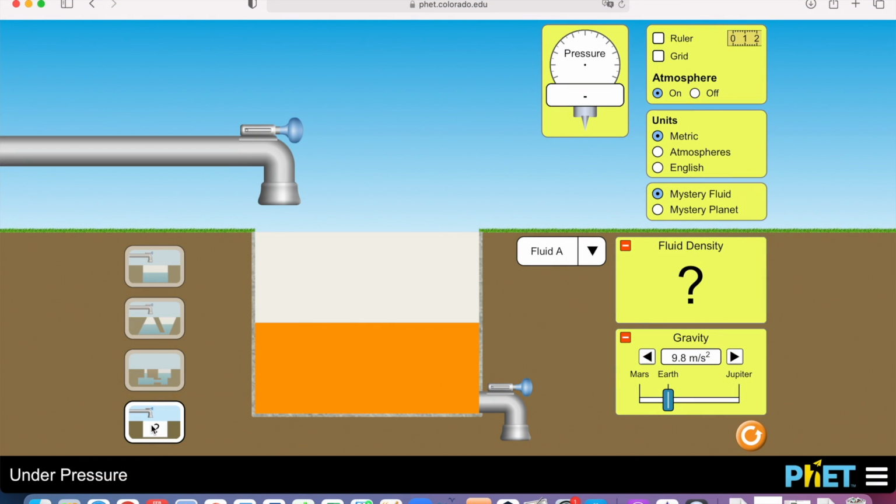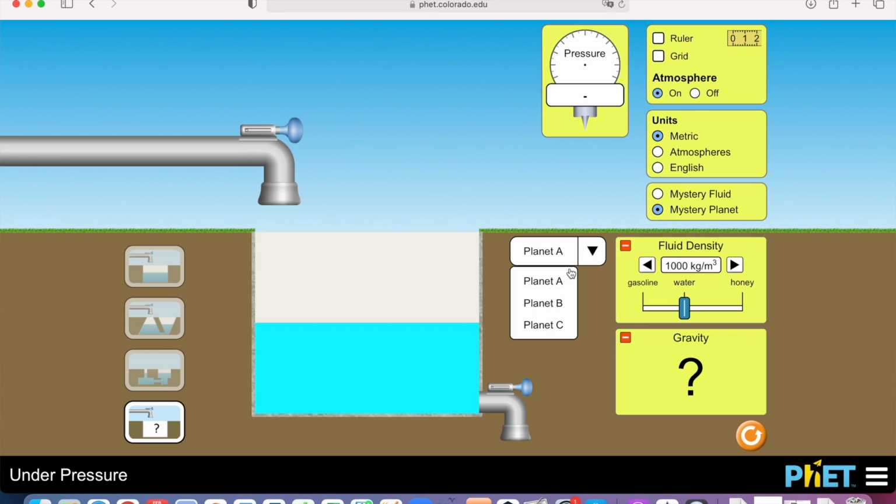So here we are now at window number 4, and this is the mystery window because we have mystery fluid and mystery planet. And in this window, what we're going to do is we're going to use the equation for Pascal's principle to find the density of fluid B from mystery fluid. And then we're going to switch to mystery planet, and then we're going to find the acceleration due to gravity.